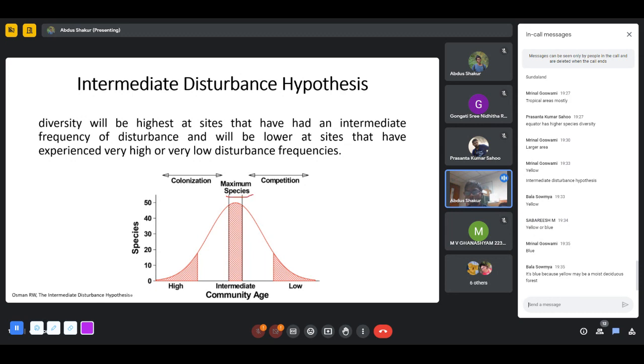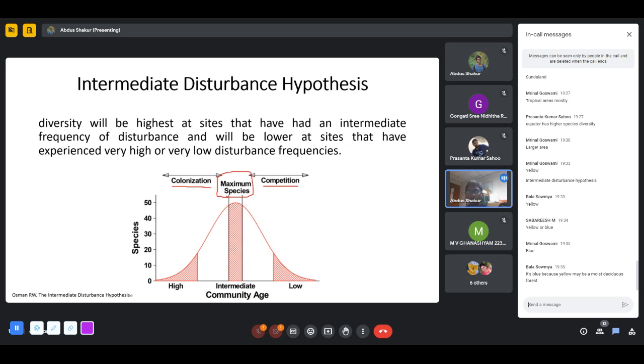The intermediately disturbed sites have the higher number of species, because different things might come into play here. At low disturbance, competition might be driving a lot of species to extinction, and only the few species that can compete in that area tend to stay, while in highly disturbed sites, only few species can stay.